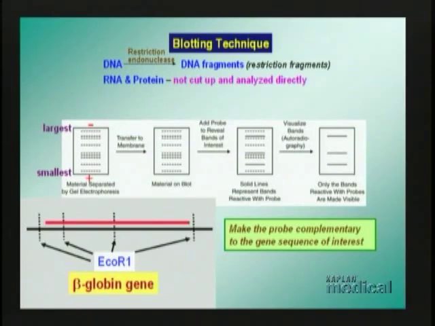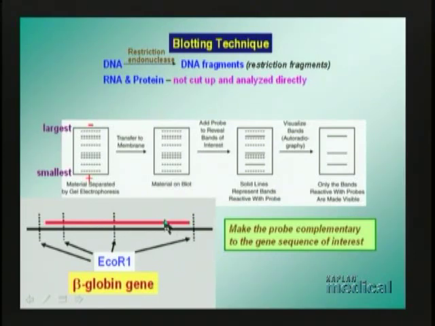So the red horizontal line represents a probe that we make in a laboratory or commercially purchase that's complementary to the beta globin gene. Notice how this probe, this red horizontal line, will base pair with and hybridize with the small fragment from beta globin, the medium-sized fragment from beta globin, and the large fragment from beta globin.